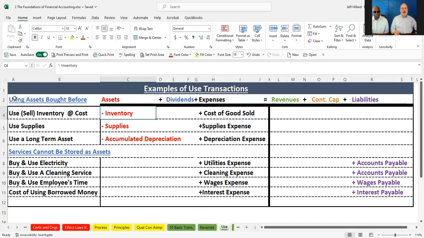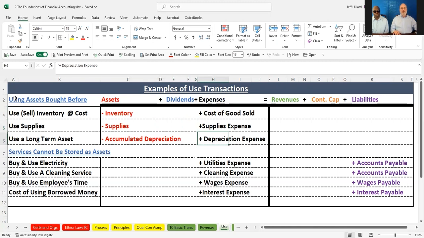Inventory is accounted for at what you paid for it, at cost. So inventory goes down. An account called cost of goods sold, which is a marvelously descriptive account, is the cost of the goods you have just sold. Or if you use supplies, supplies goes down and supplies expense goes up.